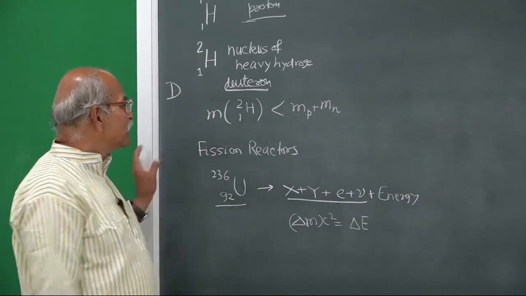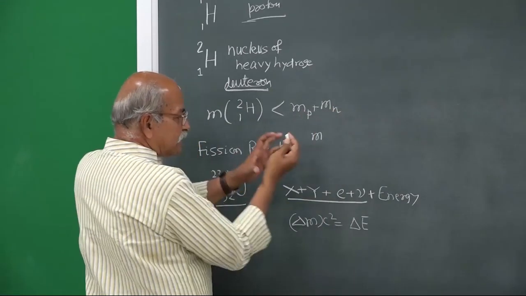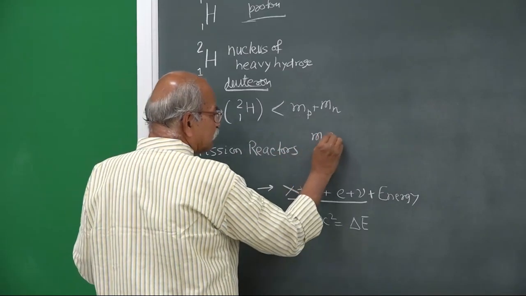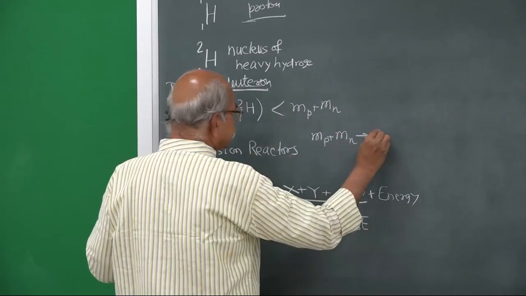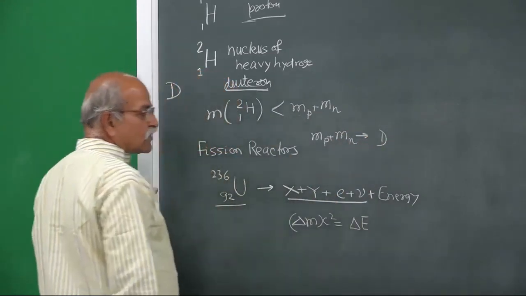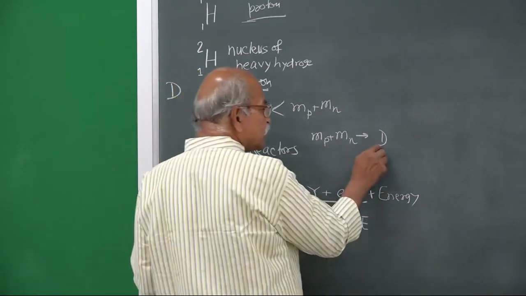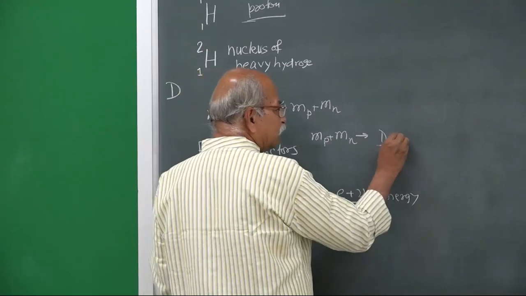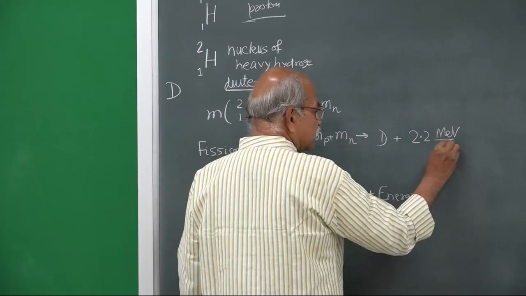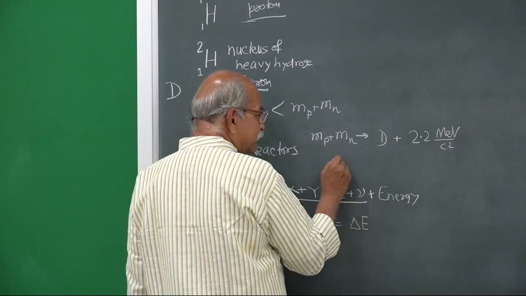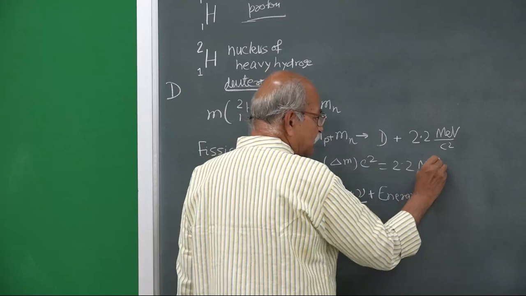In the deuteron problem, if you make a deuteron, what do you get? You start with a proton and a neutron and then combine them, and I am making this deuteron D. Then some energy is available because the rest mass of the deuteron is smaller and the combined rest mass of proton and neutron is more, and therefore it gives me something like 2.2 MeV by c square. So, this delta m times c square is that 2.2 MeV.